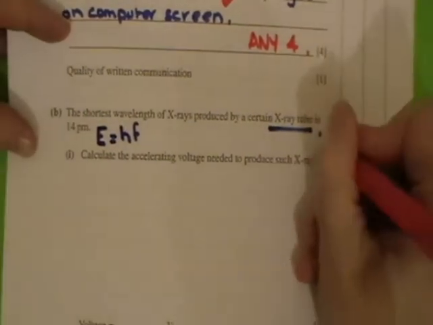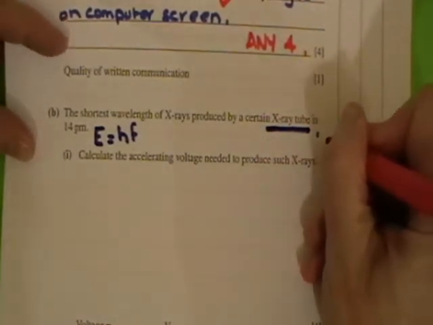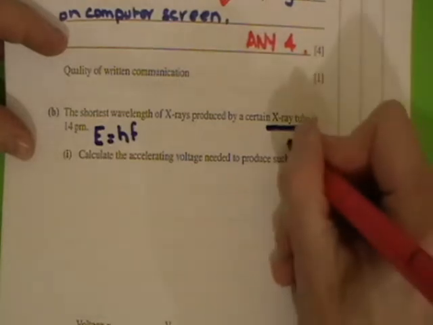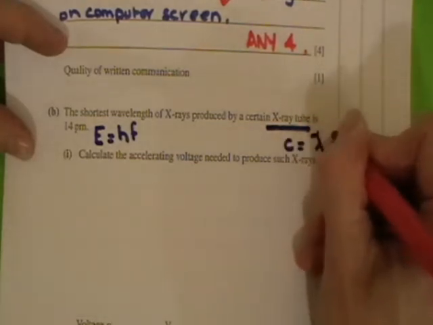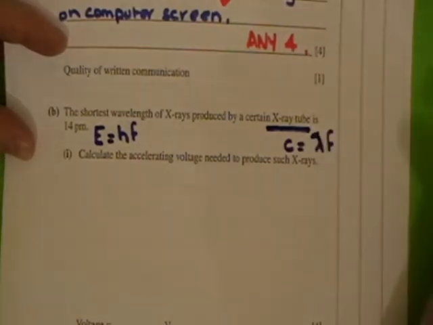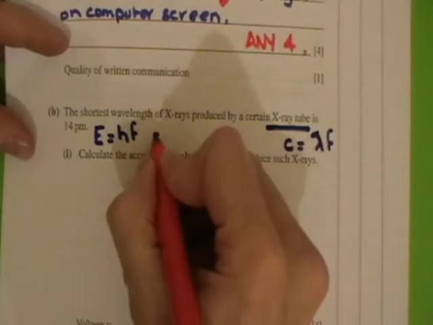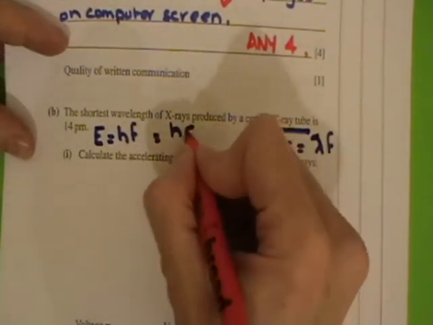But X-rays travel at the speed of light, c equals lambda f. V equals lambda f is our normal equation, but when it's the speed of light we use c. So f is going to be c over lambda.